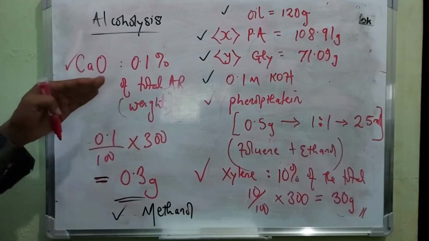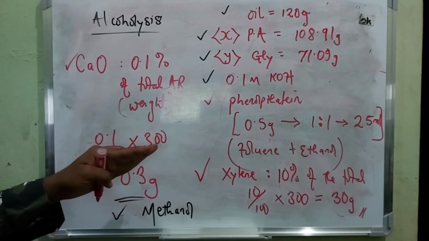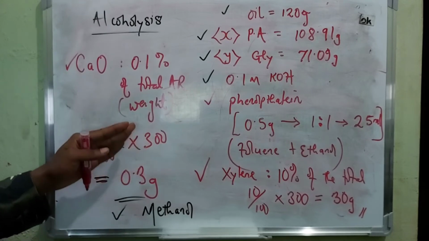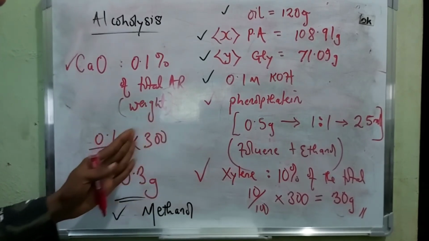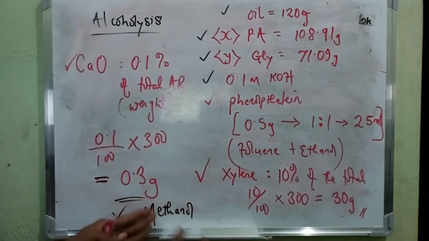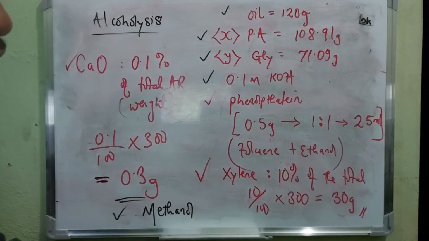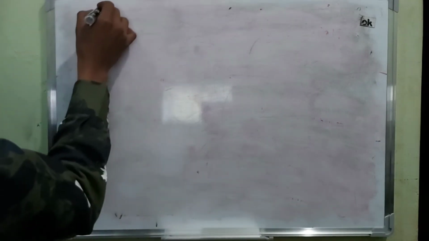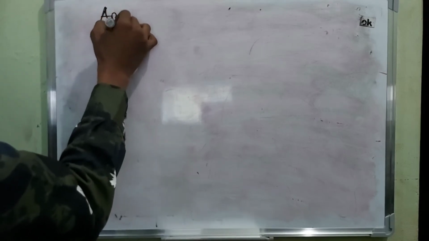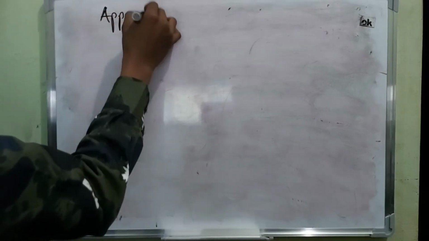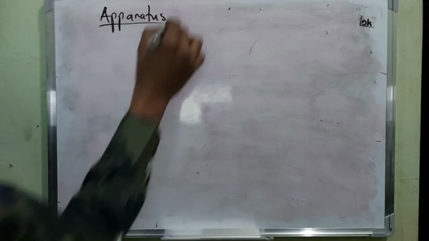So let me break down now the individual stages, and you get to know exactly when to use the reagents in various stages. We need to know our apparatus. So the apparatus needed, I've just listed the reagents that we would be employing.